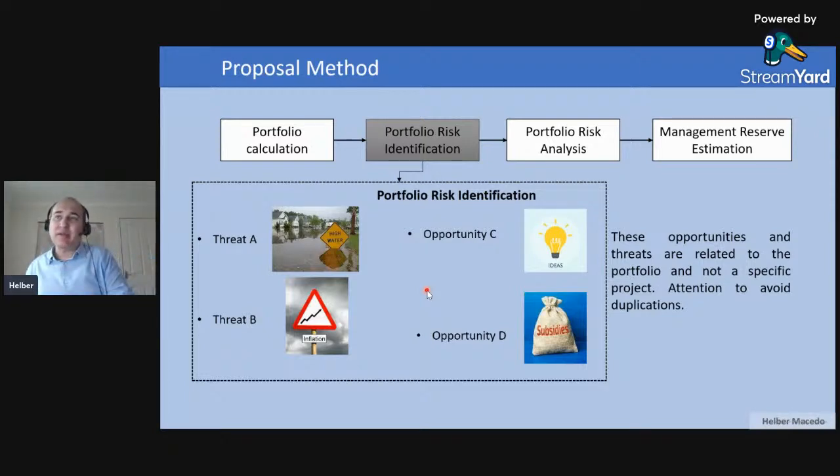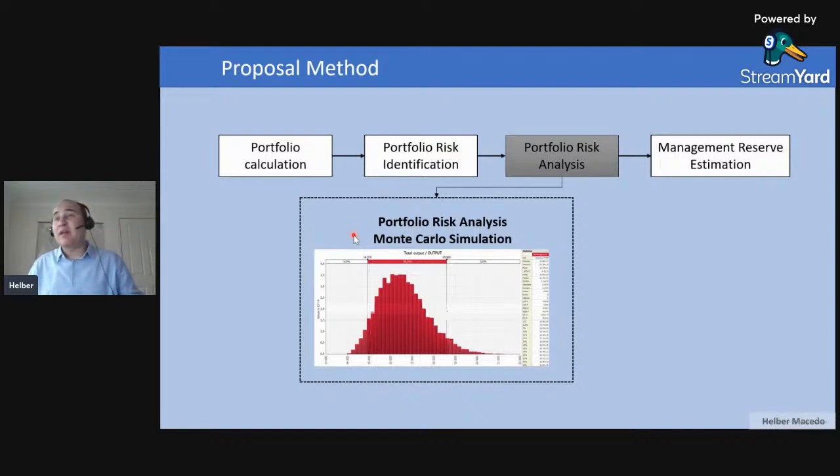I cannot repeat them here for the portfolio. So here I need to identify the risks that I can have for my portfolio. Maybe the management reserve can cover bigger things, like a flood, a big problem that the contingency will not be able to cover. Then I will need to run my simulation. So look at the portfolio, not the projects.